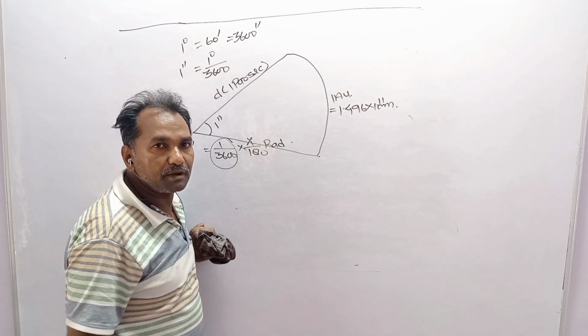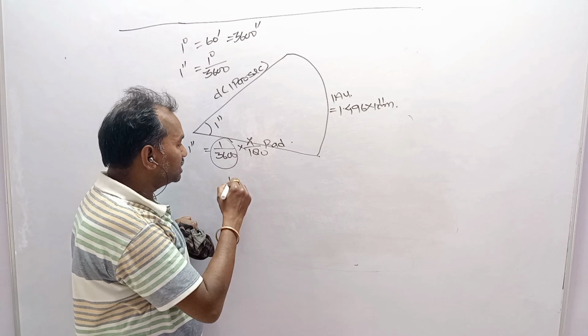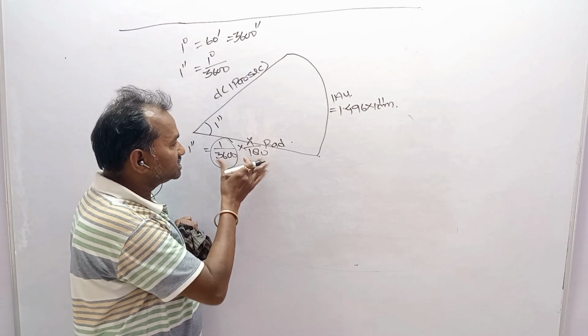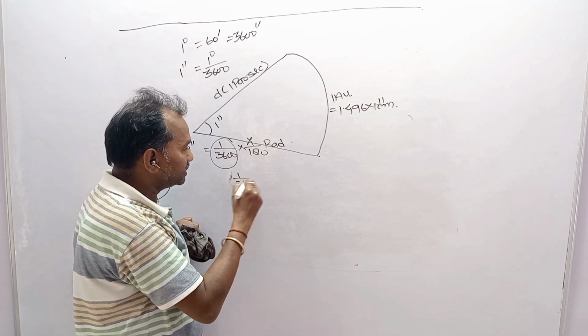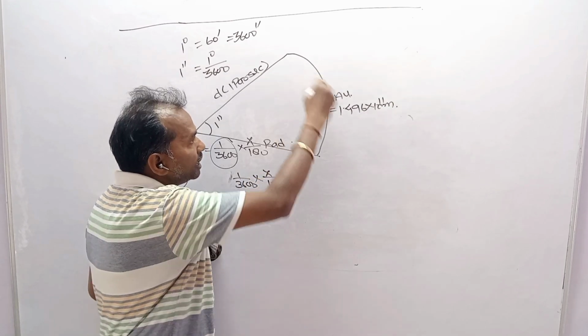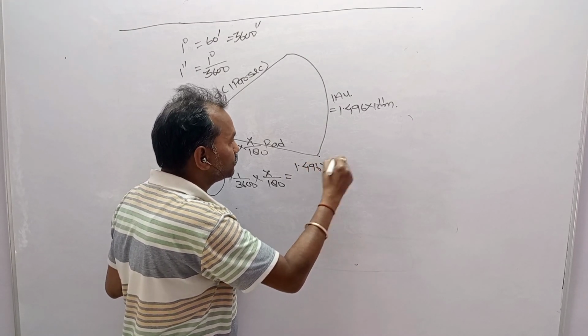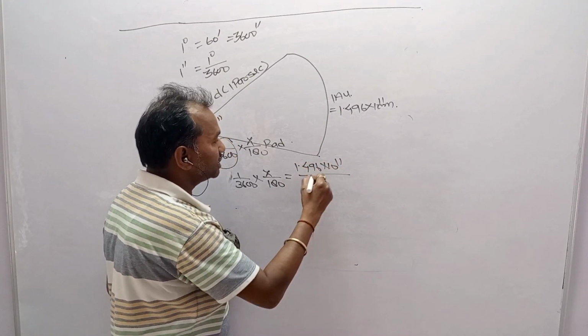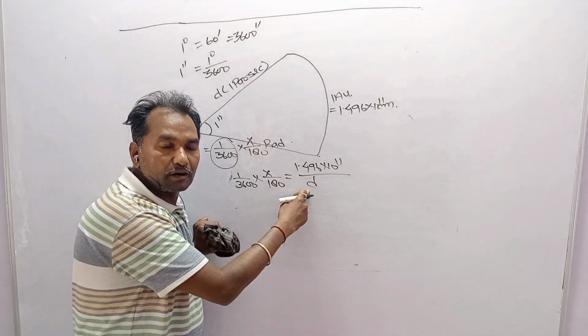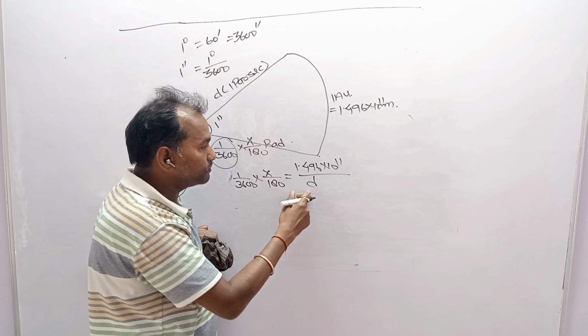Now apply the very simple formula you know since 9th standard: angle is 1 upon 3600 into pi upon 180. Angle equals arc over length, so 1.496 into 10 raised to the power 11 upon d, and you have to find this d, which works out as 1 parsec.